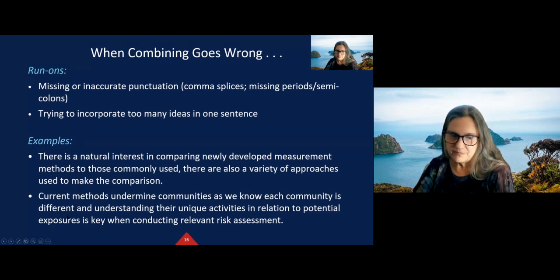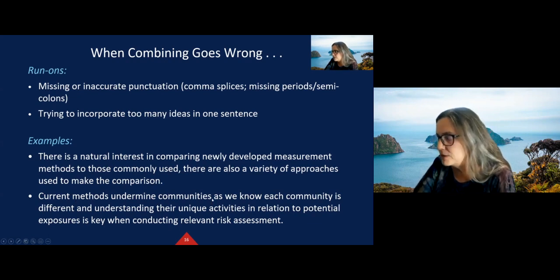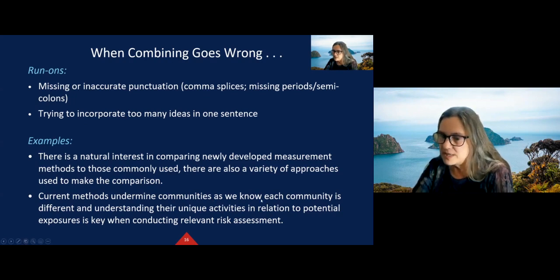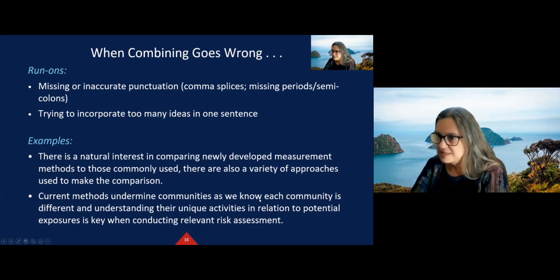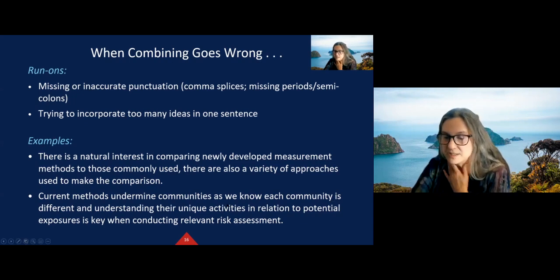So, current methods undermine communities, period. We can try that. That might be a good spot for just a plain old simple sentence. As we know, comma, we've got this nice phrase introducing, creating a transition too. Each community, well, actually, that's a dependent clause because there's a subject and a verb.